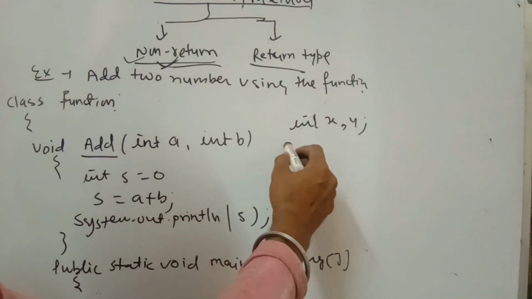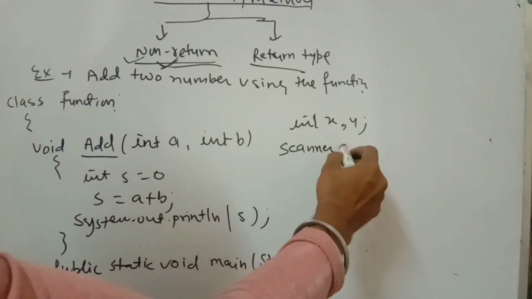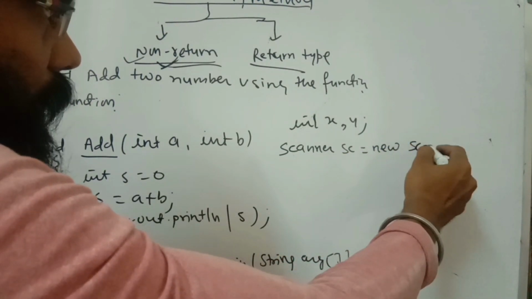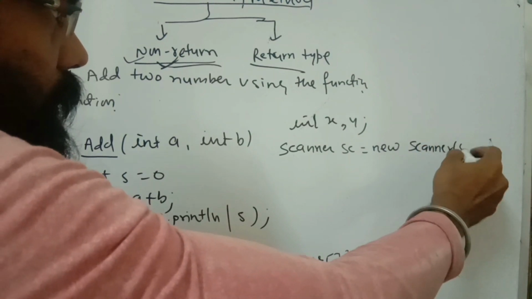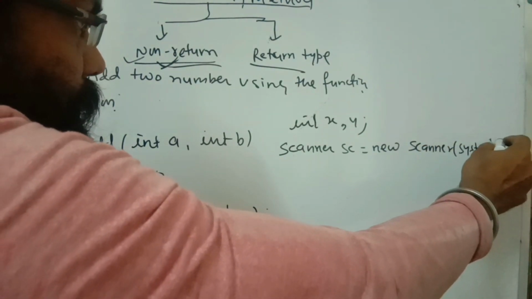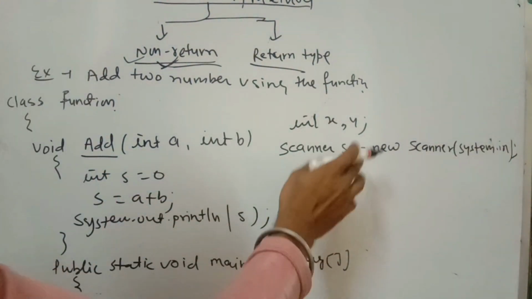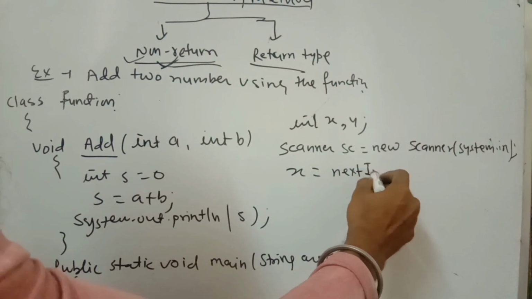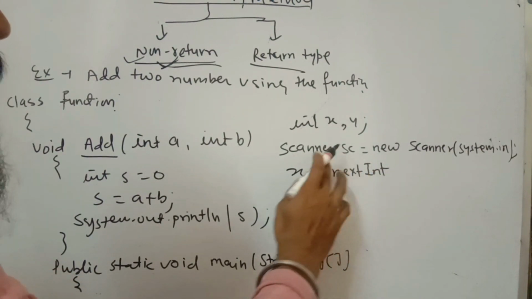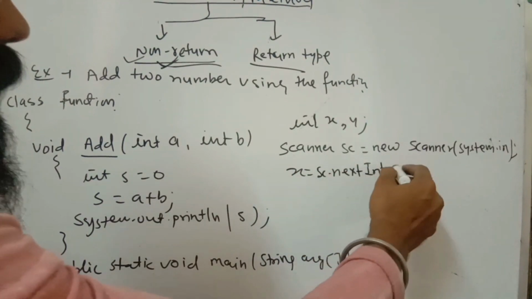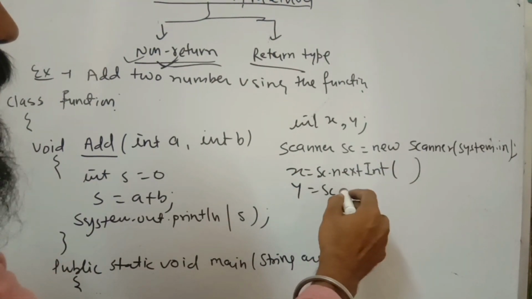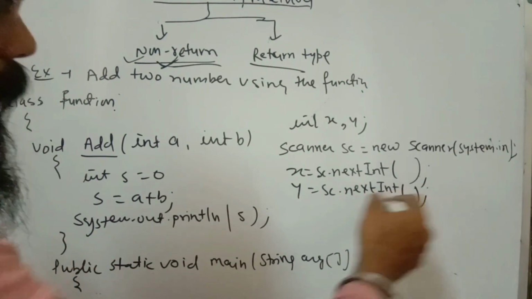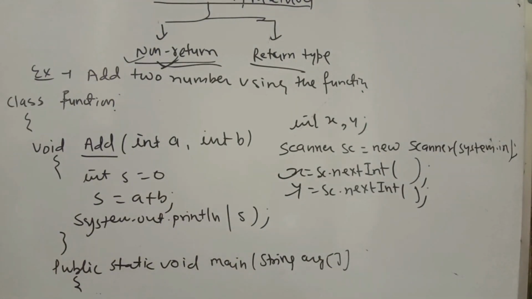We will use the Scanner: Scanner sc = new Scanner(System.in). After that x equal to sc.nextInt(), and y equal to sc.nextInt(). So this x and y is the input by the user.